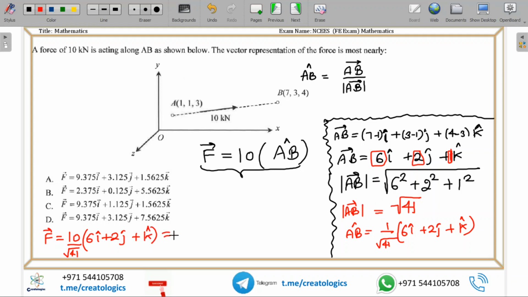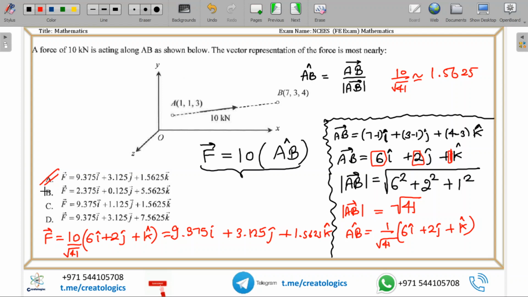So when you calculate using the calculator, you will find that this 10 over root 41 comes out to be 1.5625 approx. Okay, so use that, multiply it with 6, you will get 9.375 for the i cap and 3.125 for the j cap and 1.5625 for the k cap, and option A is the best match for those values.